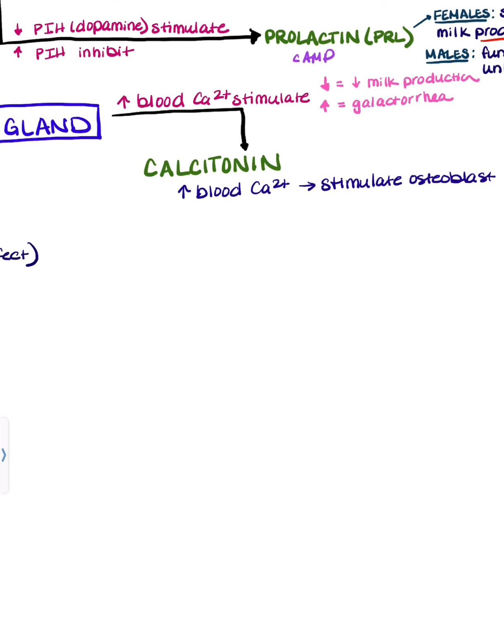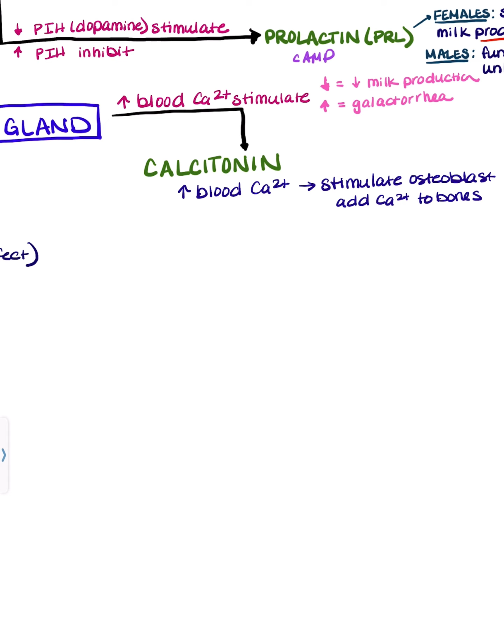And when they build bone, they add calcium to the bones. So if we have high blood calcium levels, we're going to secrete calcitonin so we can stimulate osteoblasts, so we can take that excess calcium and deposit it into our bones because our bones act as a calcium storage bank.